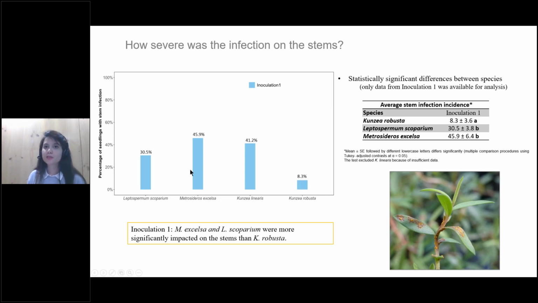We have recorded between 30 and 45% of the seedlings showing infection on the stem for Leptospermum scoparium and Metrosideros, and only 8% for Kunzea robusta. And just for information, Kunzea linearis had 41% of seedlings with stem infection.